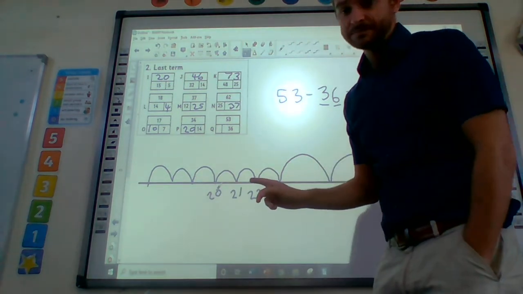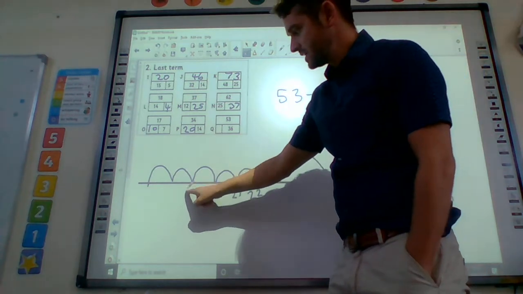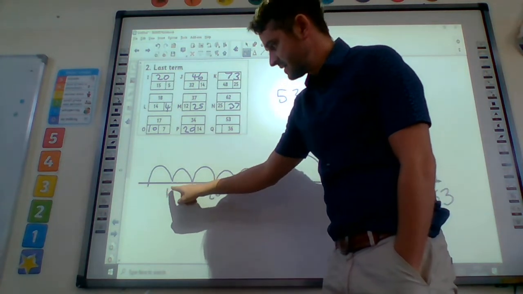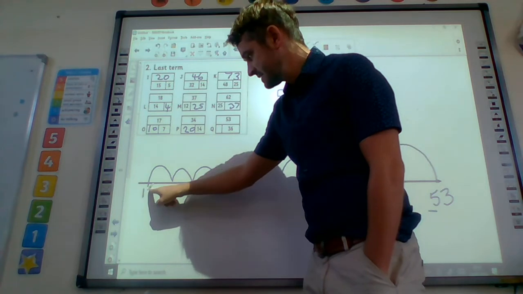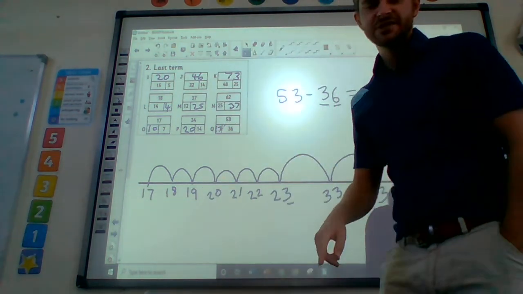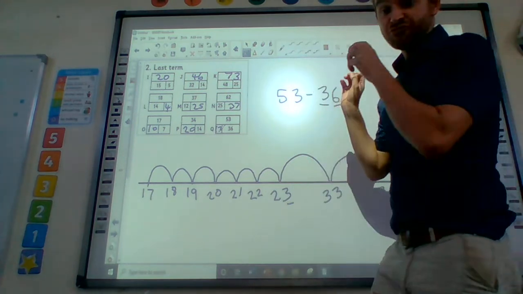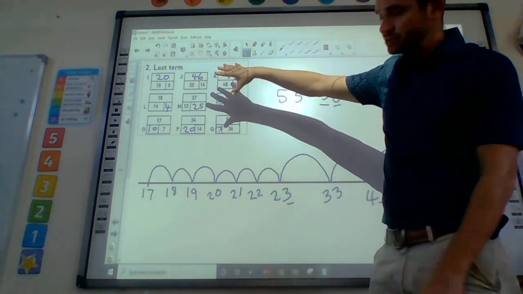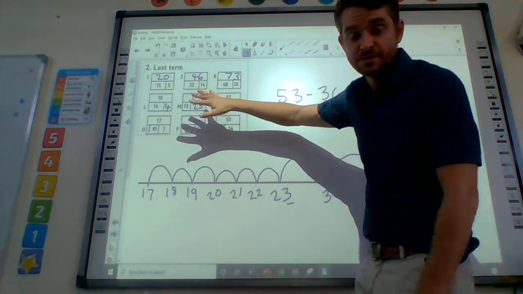This is the tricky part. 19, 18, 17. Answer to this one, squeeze it in. 17. Really, really important that we know how to use these bar models when we've got those missing numbers.